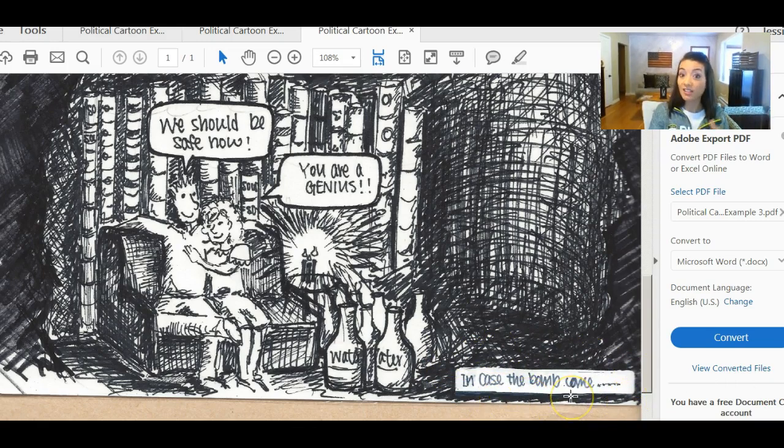And you can see that it is small. It's really not a whole lot of information or words, but it is your caption, and it matches perfectly for the bomb culture of the 1950s that we lived through in America. Okay, so once again, here is the caption. Here is the dialogue.